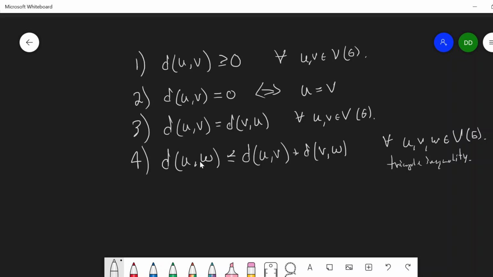And how would we go about proving this? The book doesn't prove this for us, but we can think about it.